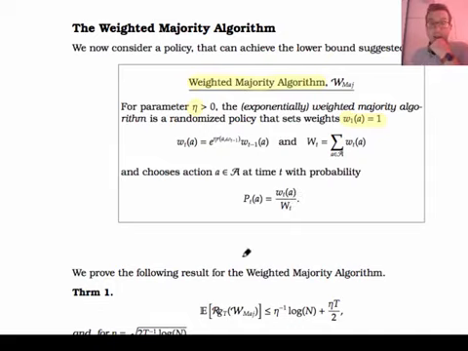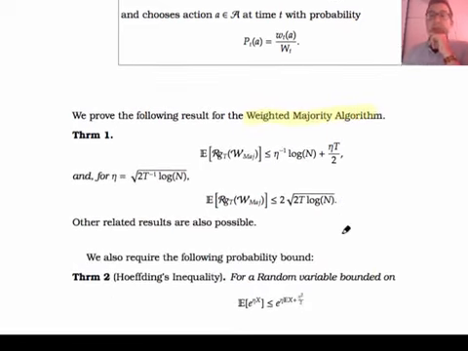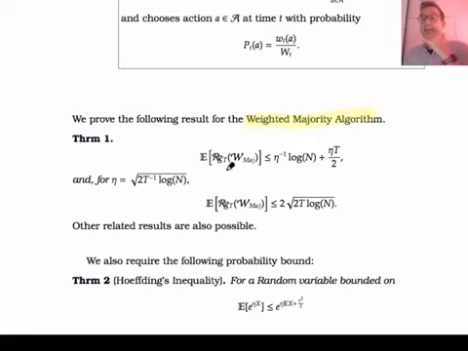What you can prove is the following result for the weighted majority algorithm: its expected regret is eta to the minus 1 log of n, where n is the number of arms that you have. So if it's 100 arms, it's log of 100. Plus eta t divided by 2.